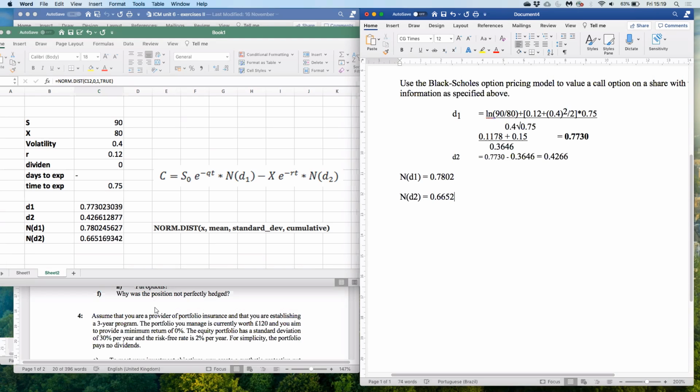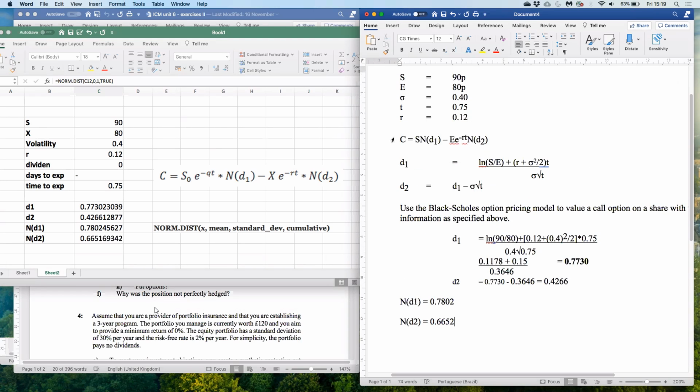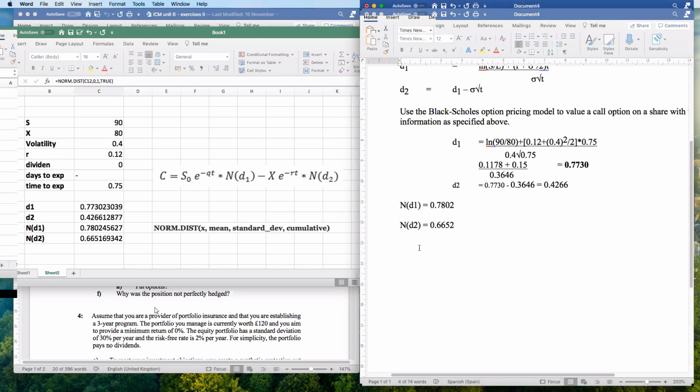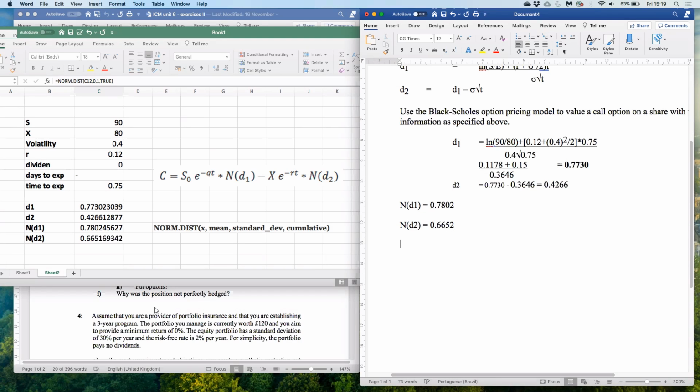Now we want to calculate the call option value. Using this formula, we insert the values based on this calculation.